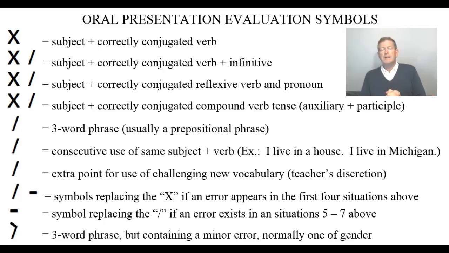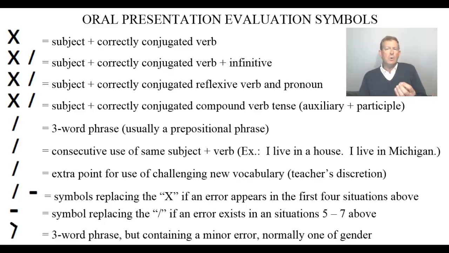Other symbols needed to represent a portion of a sentence which contained at least 3 words and yet which did not contain a subject and a verb. Most common example of that would be a prepositional phrase, etc. So you can see the list of the different symbols I came up with here.